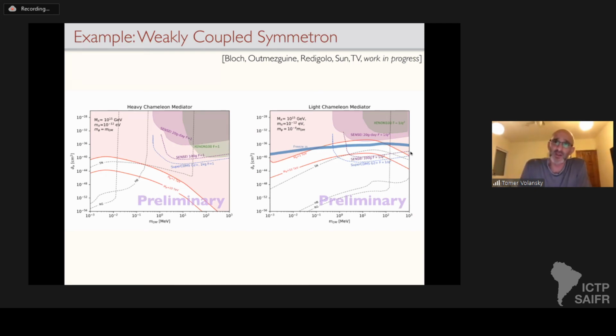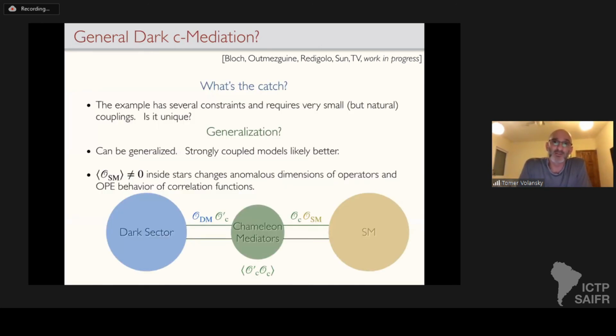Now this is interesting. This was a weakly coupled example. Really, to generalize it, I think is even more exciting, because what you really want to do is something like general dark mediation. You have operators, you have currents between the standard model and the mediator sector, and the mediator sector and the dark matter, and all you care about are currents. And in strongly coupled theories, really what happens is that those densities affect the anomalous dimensions of these currents, of these operators, and can change the effective coupling.